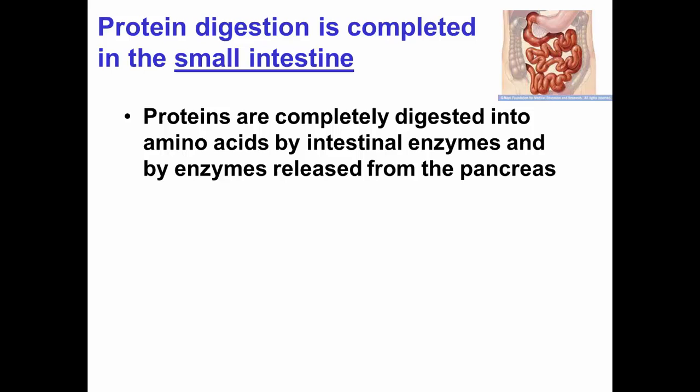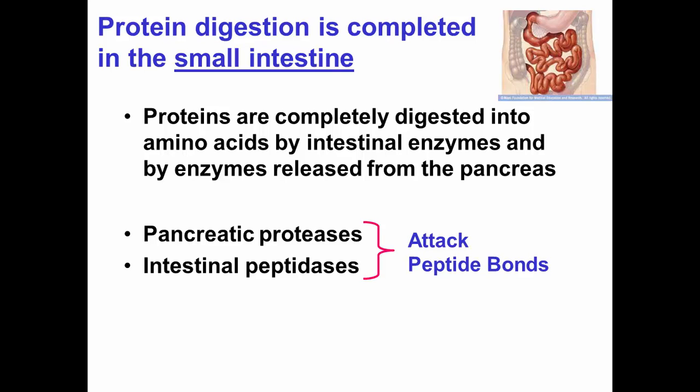And we have both intestinal and pancreatic enzymes that are working, right? Proteases, they attack the peptide bonds. And do you remember the terms exo and endopeptidase? What's an exopeptidase? Do you remember that from biochem? It just means it's cleaving the amino acids one at a time, from one end or the other, okay?